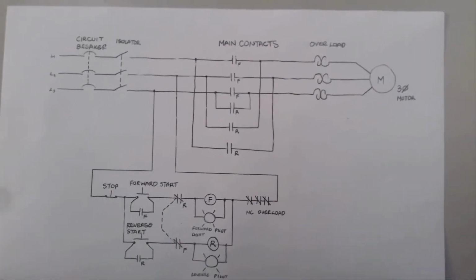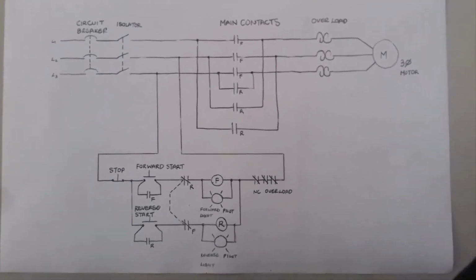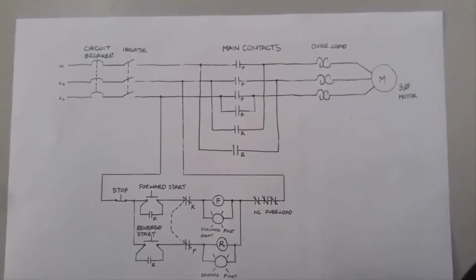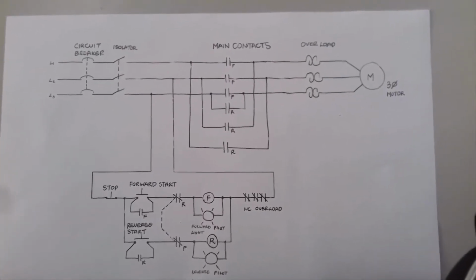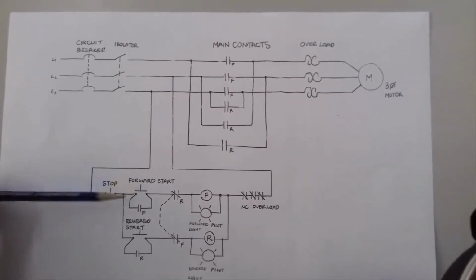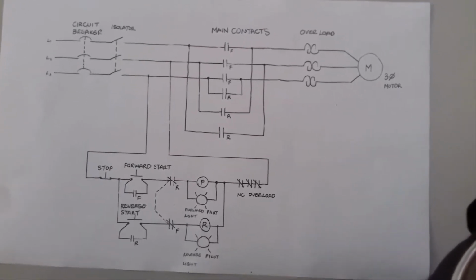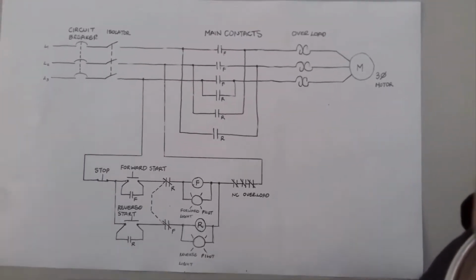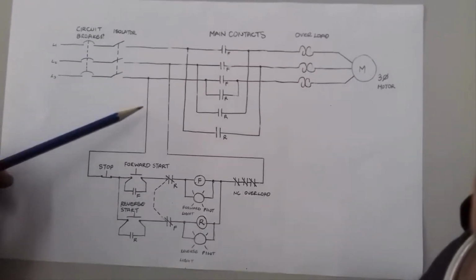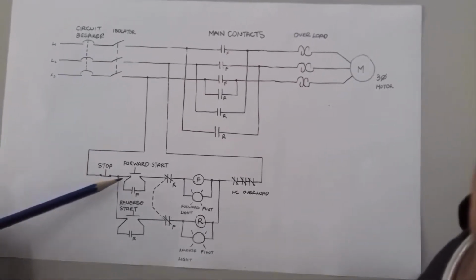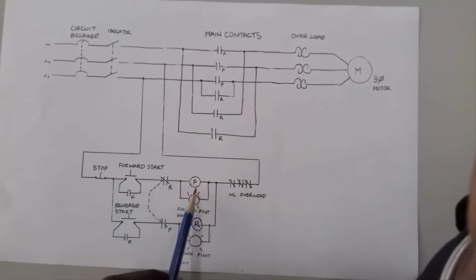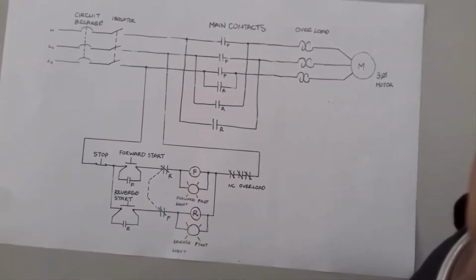Alright, so let's look at the operation of this circuit. If we want the motor to go in a forward direction, we would manually squeeze down the forward start push button. This would allow current to travel from the phase through the start button and energize the coil.